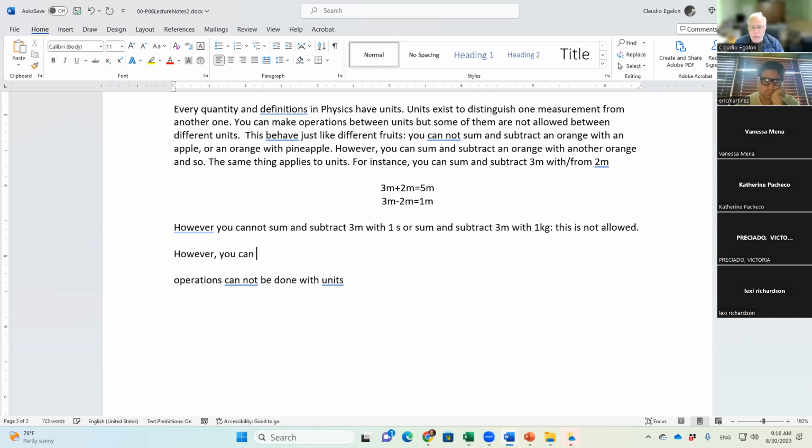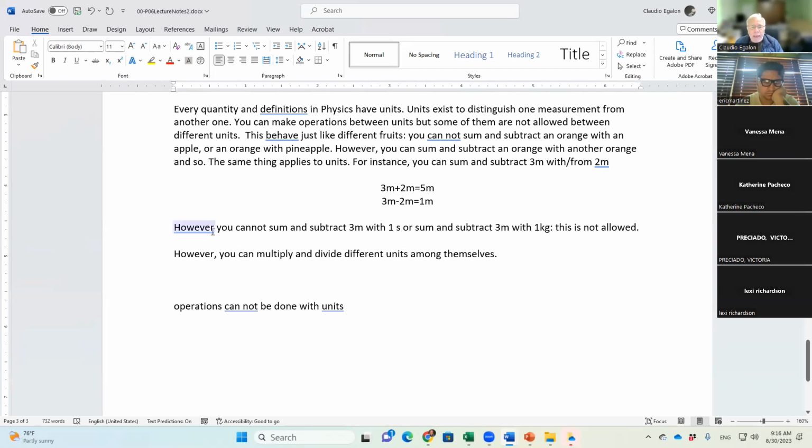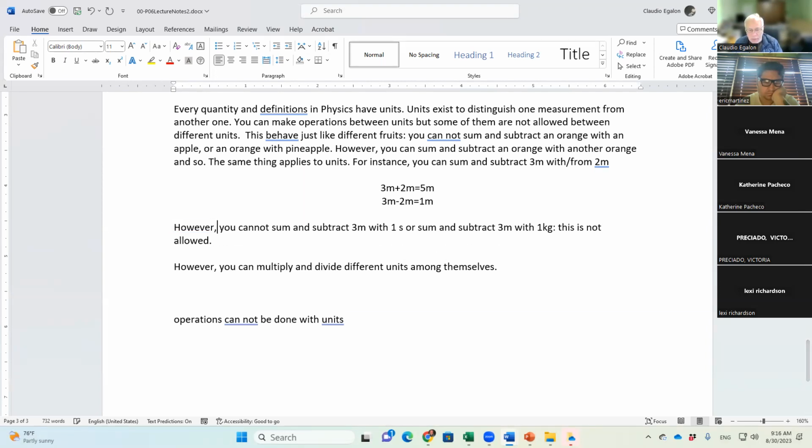However, you can multiply and divide different units among themselves. This is possible. Can you give me an example of a multiplication and division of different units, something that you use in day-to-day life?